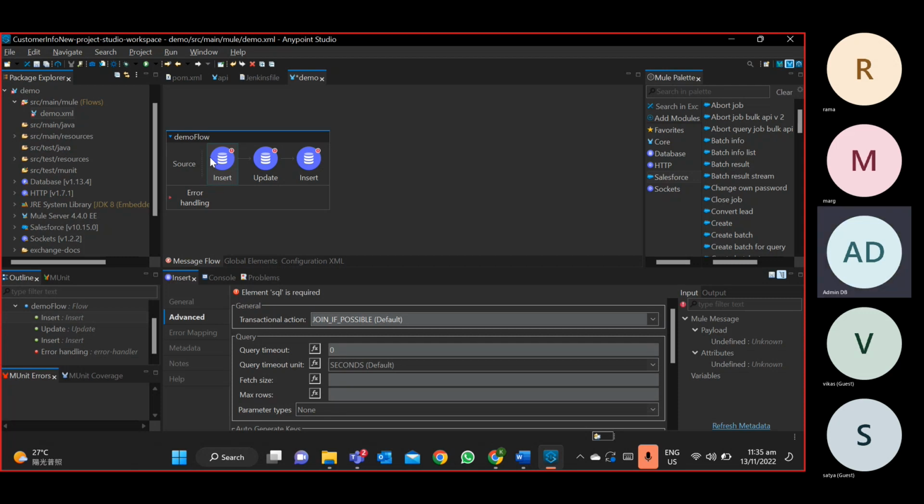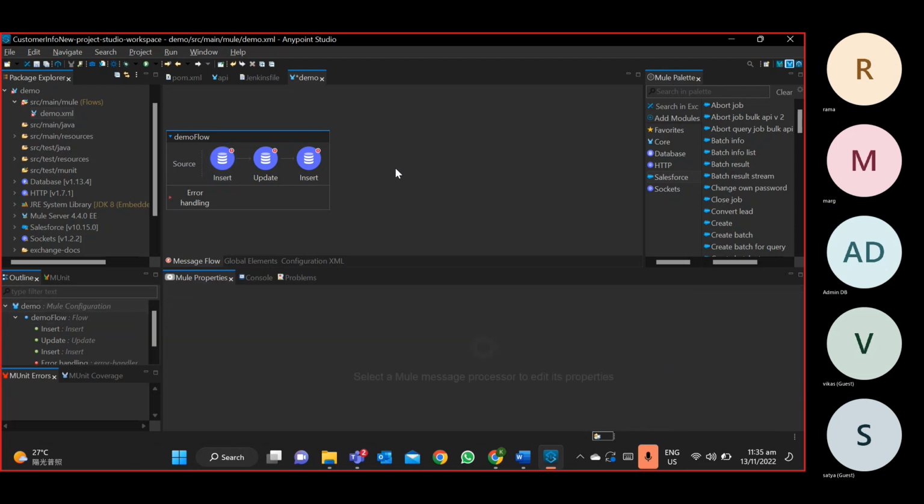Everyone getting this? This is very simple. If we put join if possible here also, but before this we don't have any operation initiating the transaction, so none of these will participate in the transaction. Is it clear to everyone?